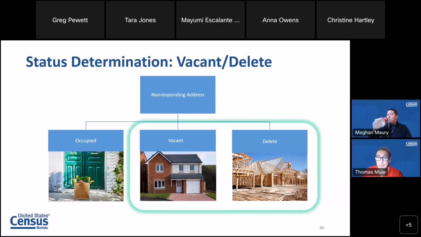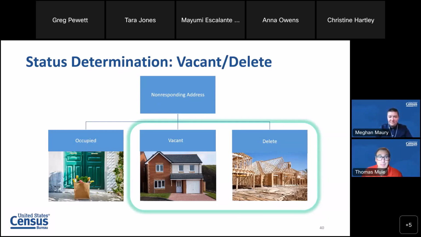The second outcome was, if people are not living there, that's a vacant address, but we need to determine that and also try to determine the reason why the address was vacant on Census Day. And the third was that we had addresses on our list that were not housing units. Those might have been businesses, or they might have been no longer habitable.